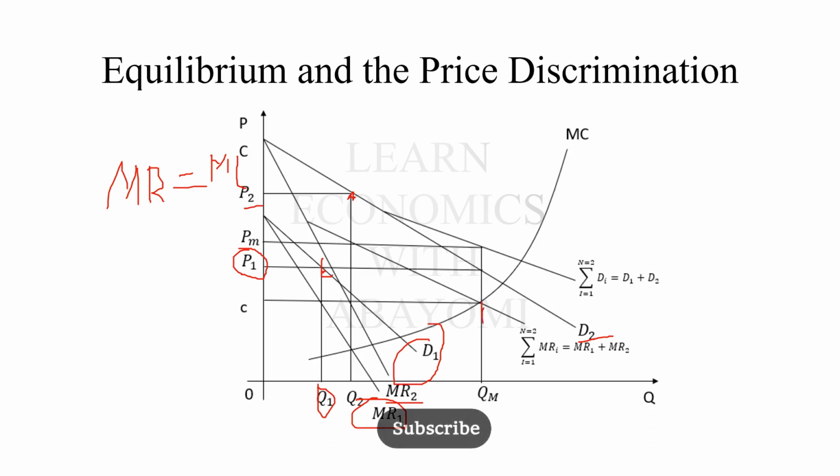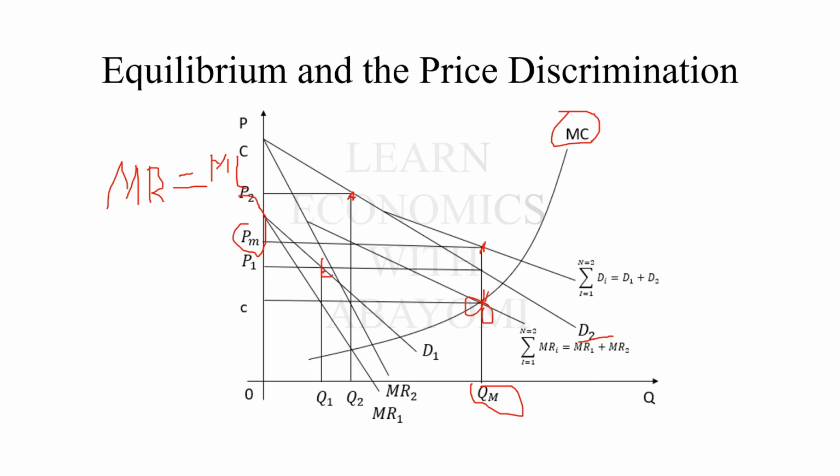This is our MC curve, the marginal cost curve, and this is the aggregate summation when the two markets join together. So at the price PM and quantity QM, this is the point of intersection for the demand, and this is the point of intersection of the marginal revenue.